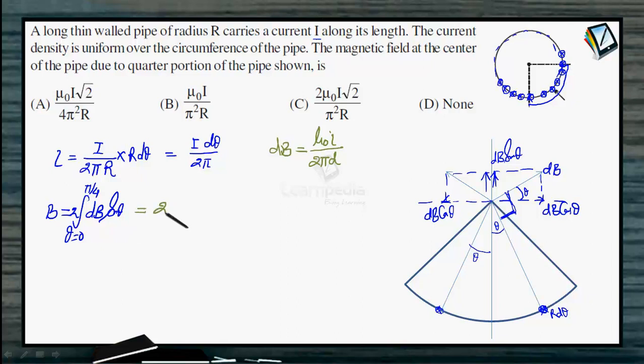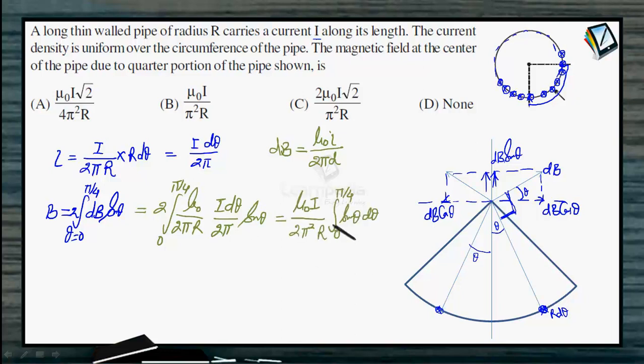The 2 is there, the integration is from 0 to pi by 4. In place of dB, we substitute mu naught divided by 2 pi r, because r is the radius. In place of current, we have I d theta divided by 2 pi, and here it is sin theta also. So finally what we have got is this.